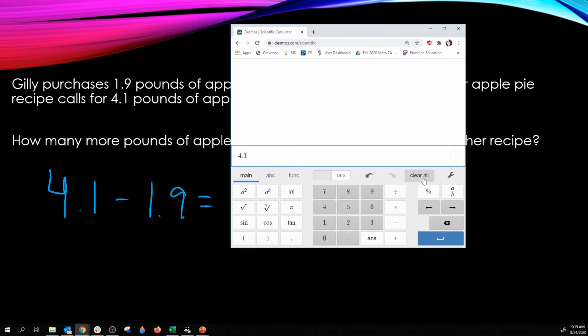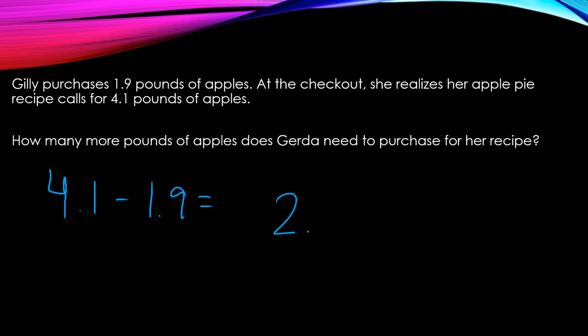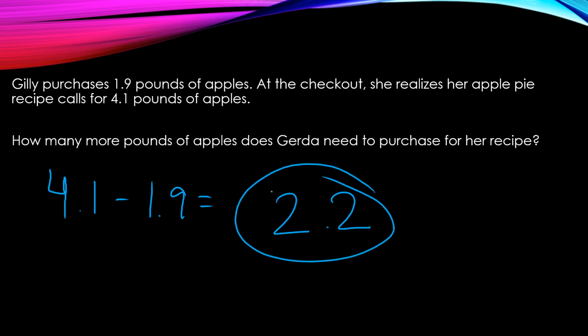So 4.1 minus 1.9, and you will see I get 2.2. Notice how I'm using a calculator for a lot of these problems to double check my work, especially with fractions and decimals. I encourage you to do the same. Using a calculator is not cheating. I encourage it. You see me using it all the time.